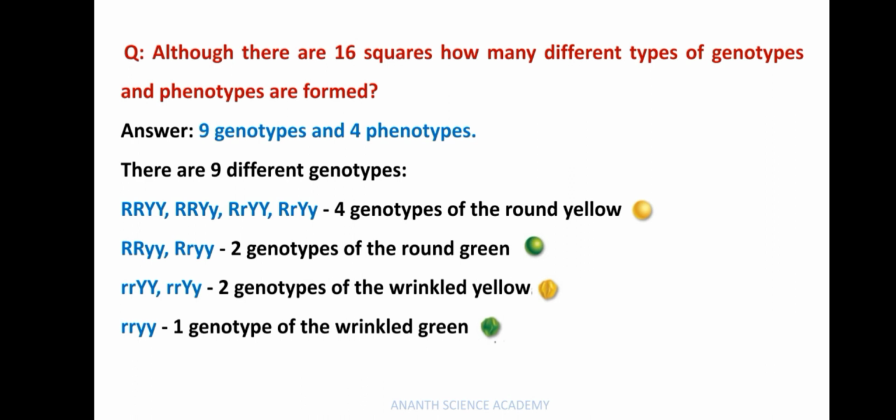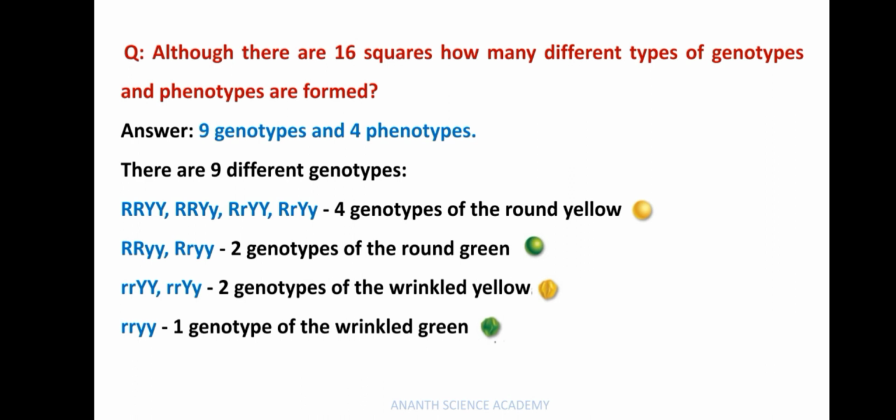Let's see what are the 9 different types of genotypes and the 4 different phenotypes. From the Punnett square or checkerboard, you can observe this. Capital R capital R capital Y capital Y, capital R capital R capital Y small y, capital R small r capital Y capital Y, capital R small r capital Y small y. These 4 genotypes produce the phenotype round and yellow colored seeds.